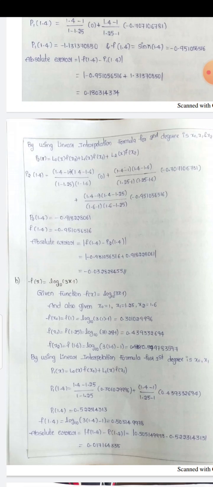Absolute error is equal to mod of f of 1.4 minus p1 of 1.4, is equal to mod of 0.505149978 minus 0.522314313, is equal to 0.017164335.